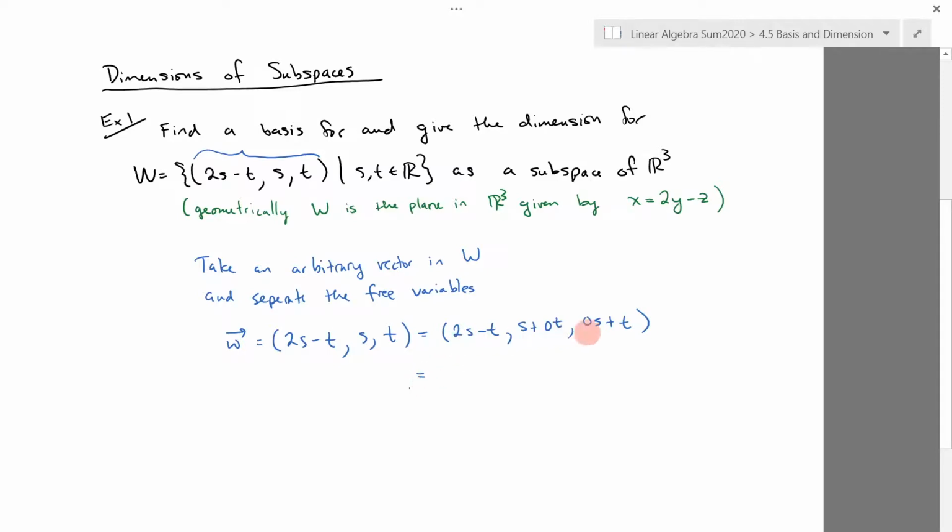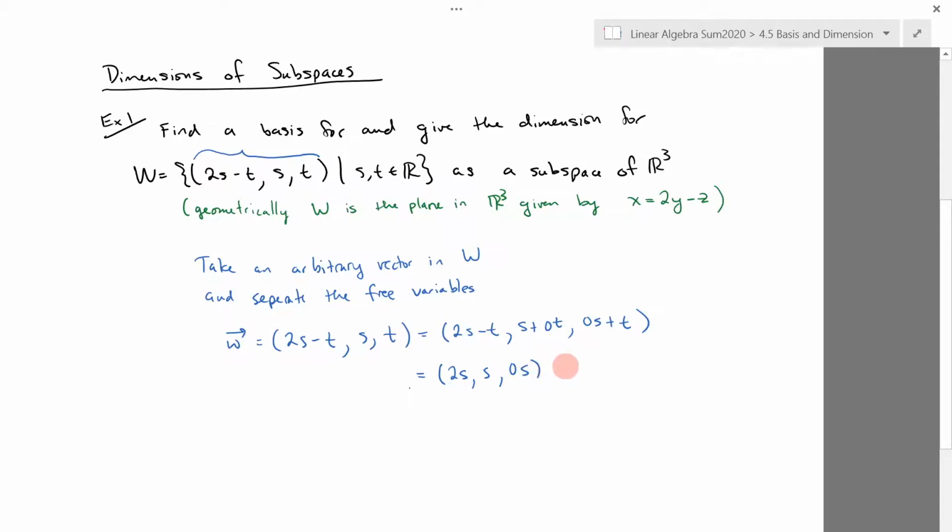Okay, so now I separate the s and the t, right? So I separate it using vector separating as two separate vectors. The s vector has 2s in the first component, s in the second component, and 0s in the third component.